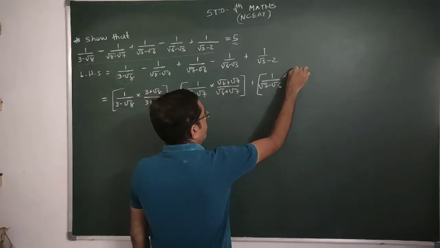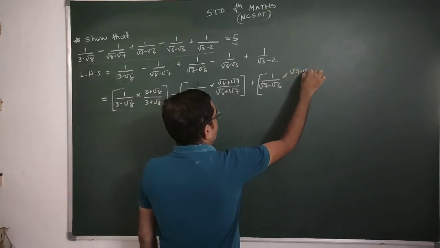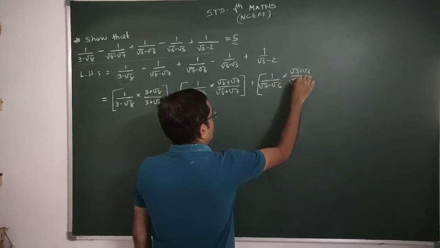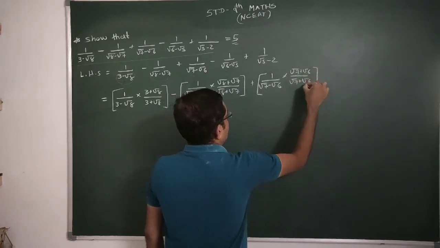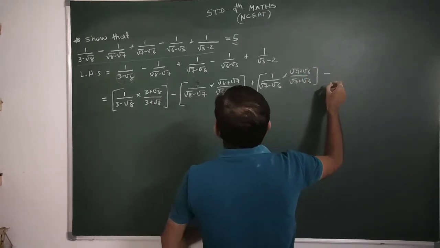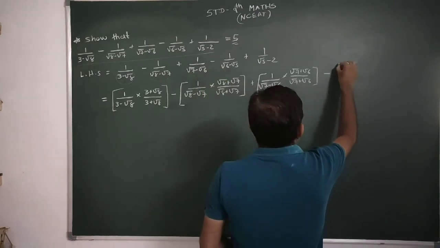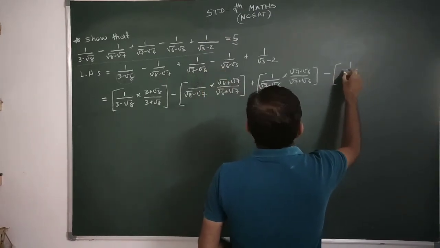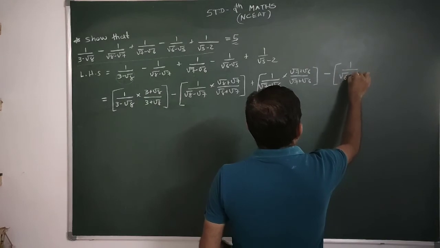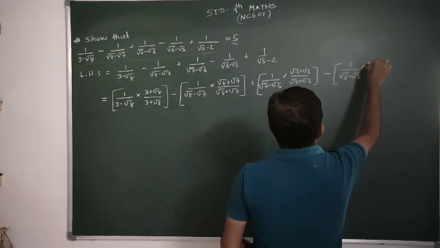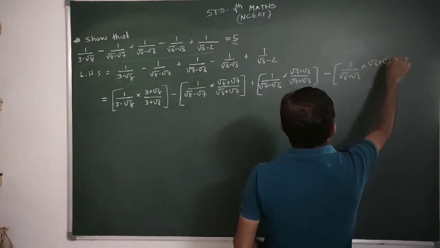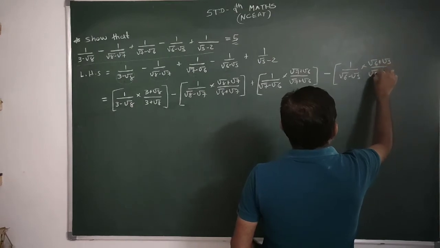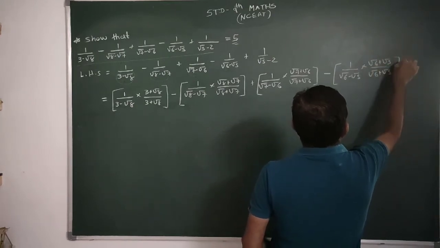For that, the rationalization factor is root 7 plus root 6 over root 7 plus root 6. Minus, the fourth term is 1 upon root 6 minus root 5. So the rationalization factor is root 6 plus root 5 divided by root 6 plus root 5.